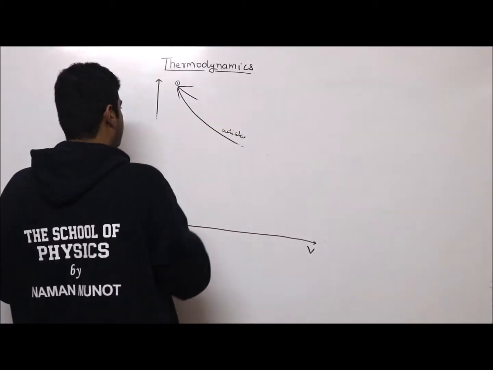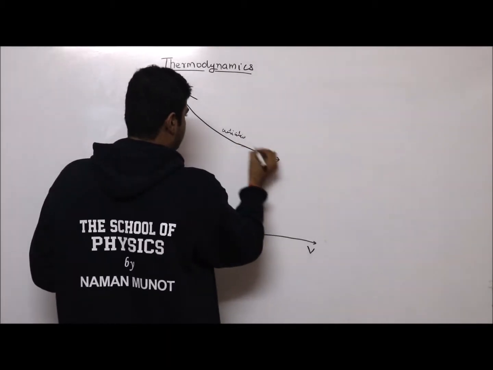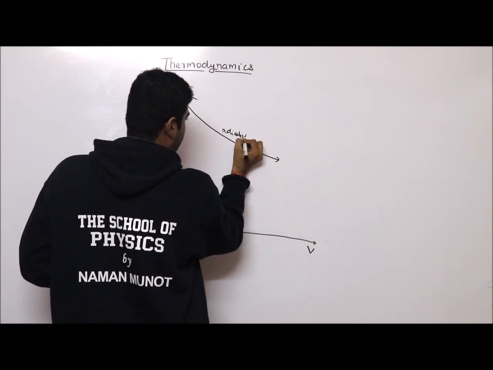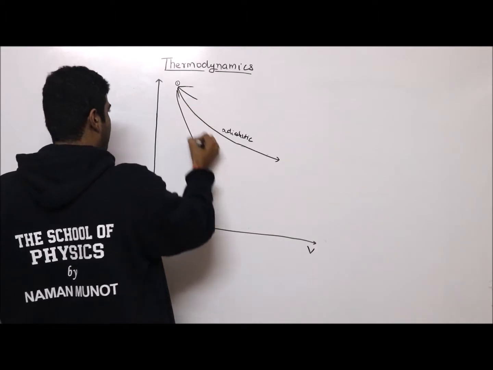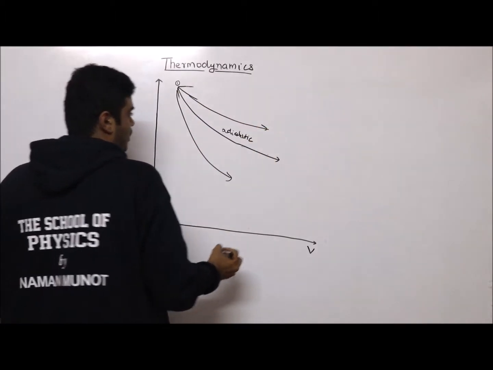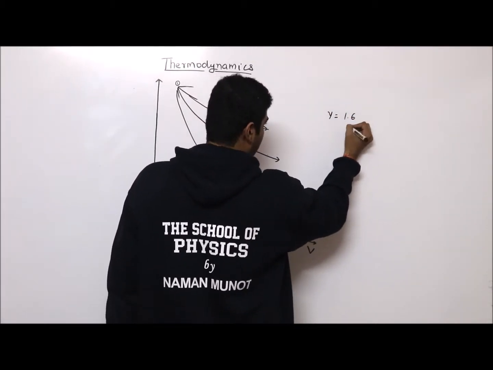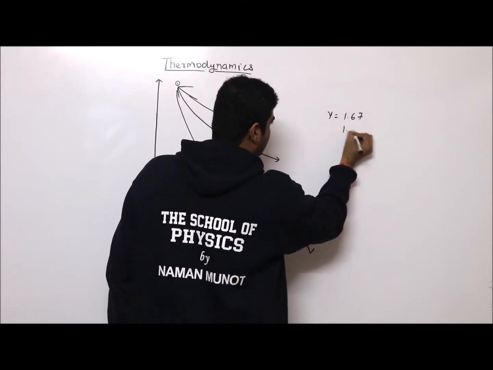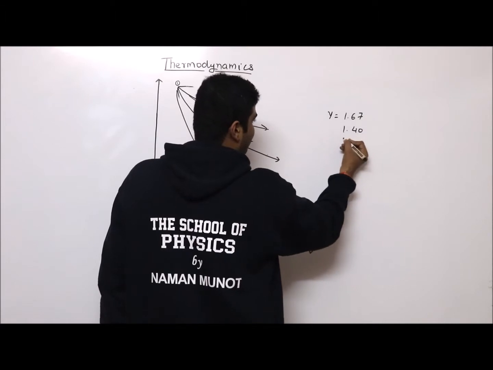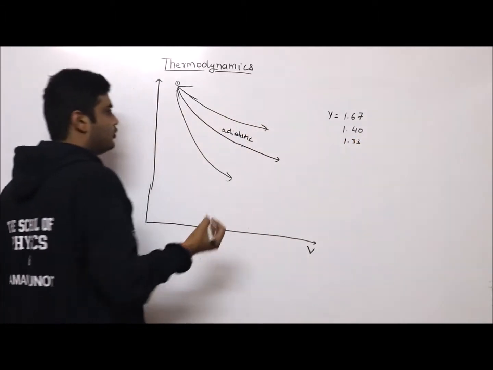Suppose this is an adiabatic process, and this is also an adiabatic, this is also an adiabatic. So you have to arrange what is the gamma. We saw gamma for monatomic is 1.67, for diatomic it's 1.40, and for polyatomic, linear, it is 1.33, and non-linear 1.33. So we have to place them.